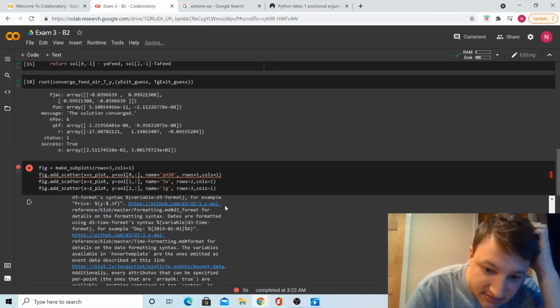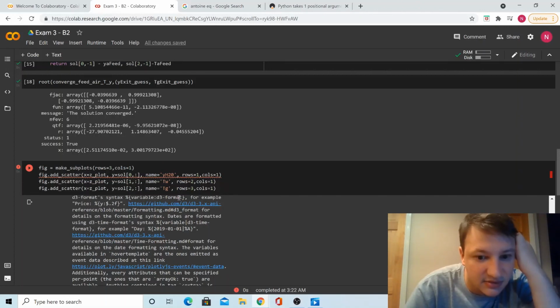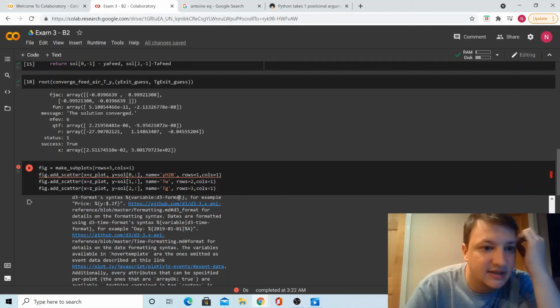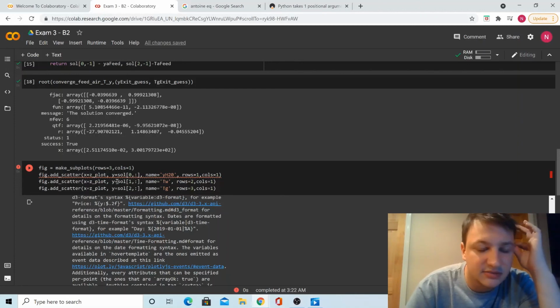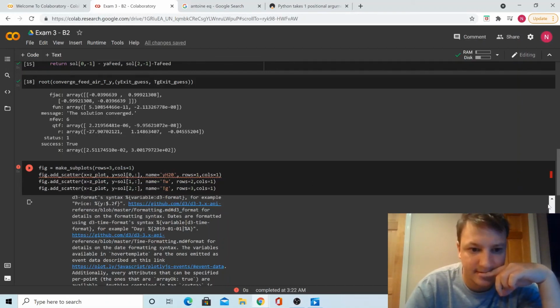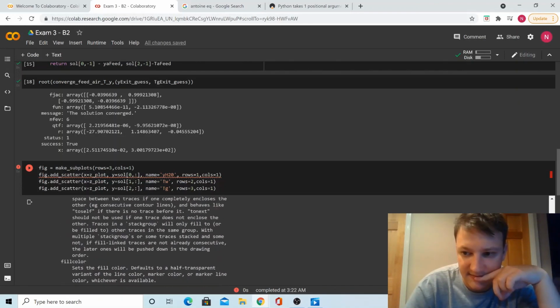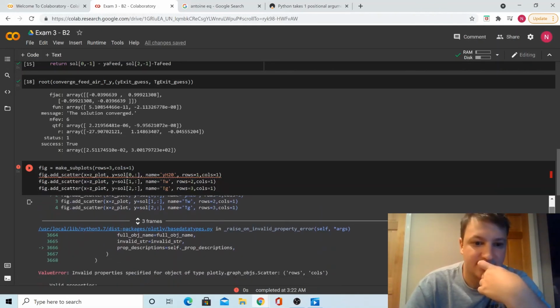What did I mess up? Rows, make subplots. Rows equals 3, columns equals 1. Fig add scatter. X equals Z plot. Y equals sol 0, 1. Rows 1, column 2. Doesn't look like that. Invalid.